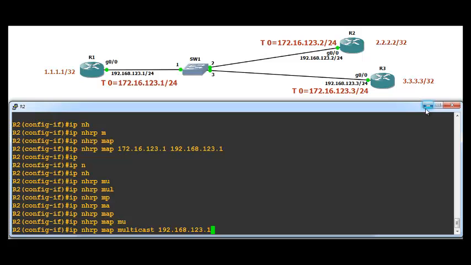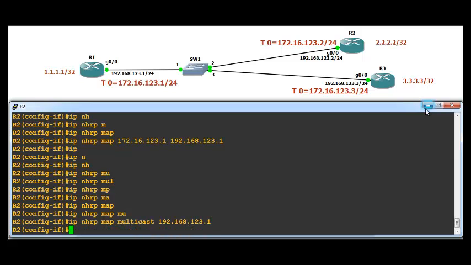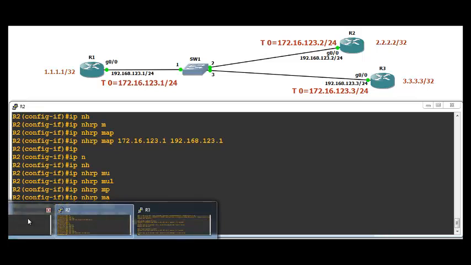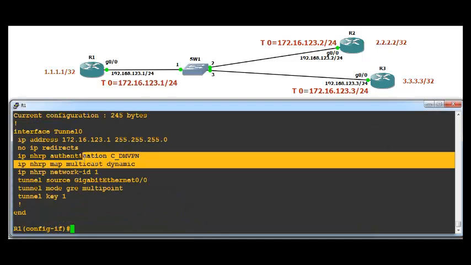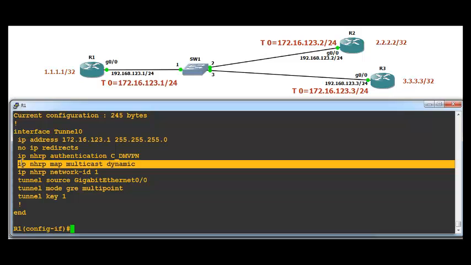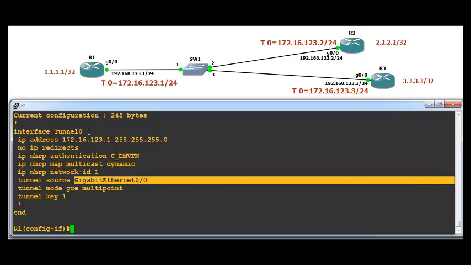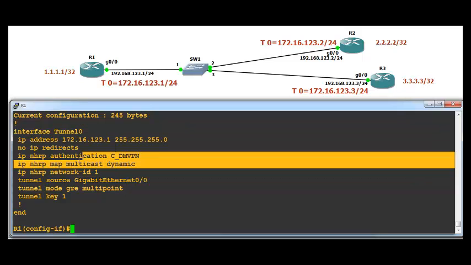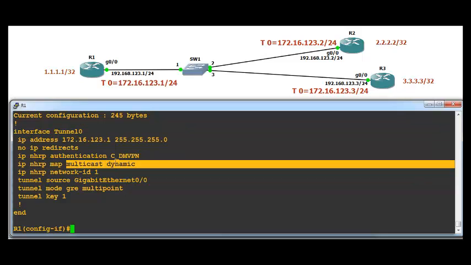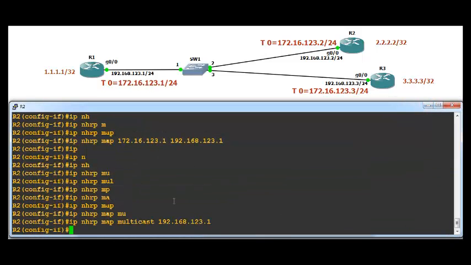Don't give the tunnel interface address. You need to send to this physical interface address, and that physical interface address is ready to welcome you. That physical interface address has got the tunnel interface on it, and that is there to happily welcome you. So I'm saying send all your multicast traffic, OSPF, EIGRP, send all your traffic to this guy.